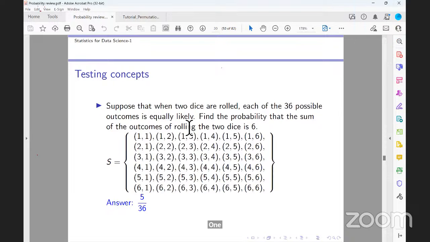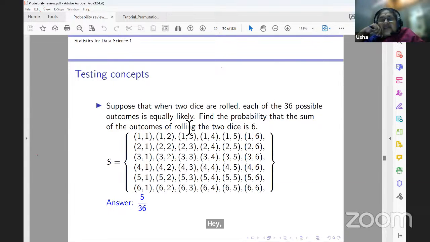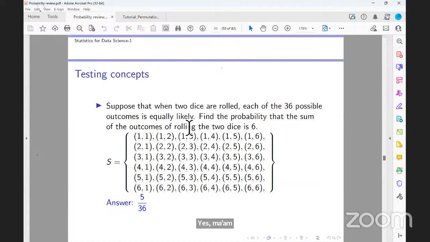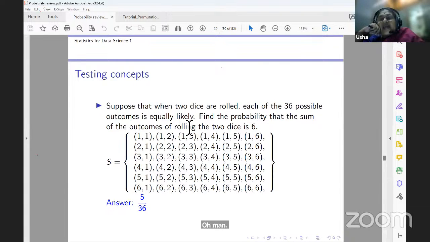Suppose I define E1 as the event of getting a sum of 7, and E2 as the outcome of your first throw. Is E1 dependent on E2? No, ma'am. Suppose E3 is getting a sum of 8.